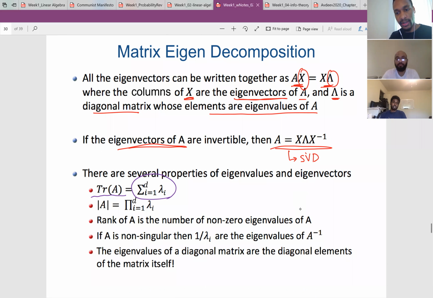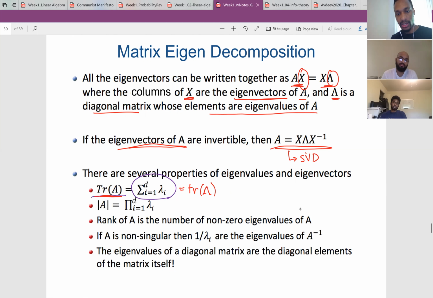So there are several properties of eigenvalues and eigenvectors. Okay, now we're kind of getting into the useful part. The trace of the matrix A is equal to the sum of the eigenvalues of A. This is really interesting because you can basically say that for your lambda matrix, it's equal to the trace of your lambda matrix.